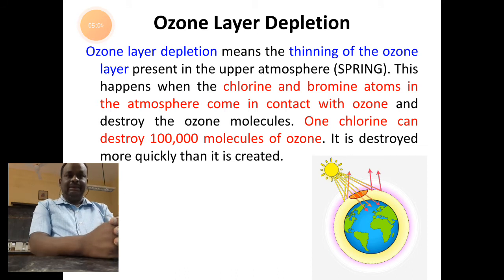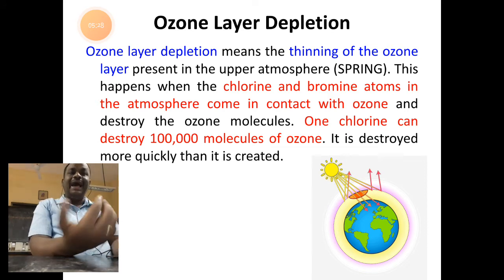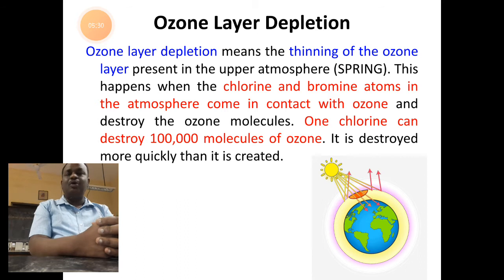Well, then what is this ozone layer depletion? That is our actual topic of today's discussion. Simply, ozone layer depletion refers to the thinning of the ozone layer in the atmosphere. It is mainly due to the highly reactive molecules of chlorine and bromine halogens.